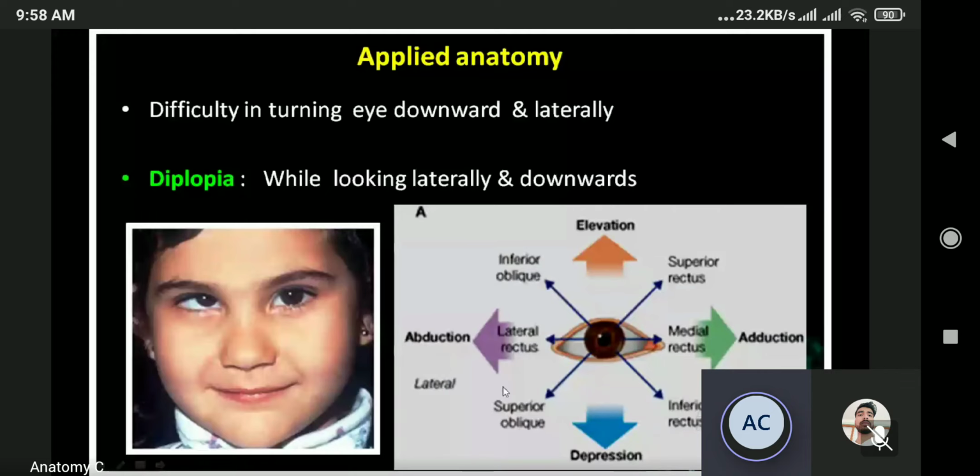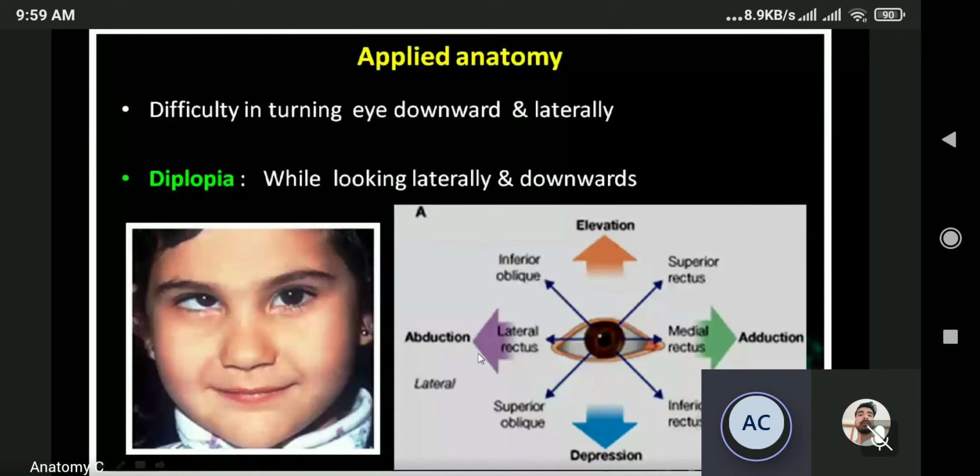Now, just imagine if the trochlear nerve is damaged, then the superior oblique muscle is paralyzed. Now, what will happen? You will not be able to turn the eye downward and laterally. So you will have difficulty in turning the eye downward and laterally. So this is the applied aspect of the trochlear nerve.